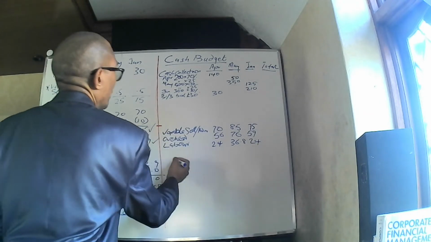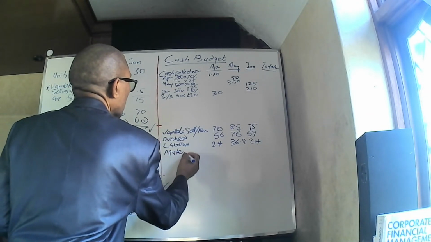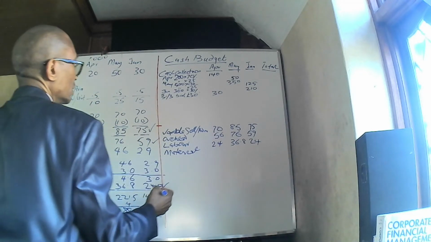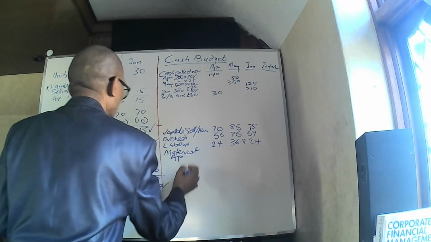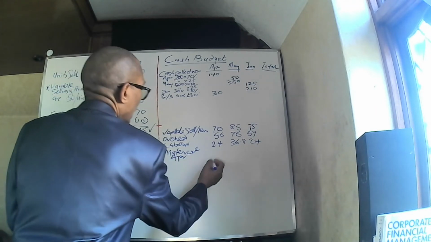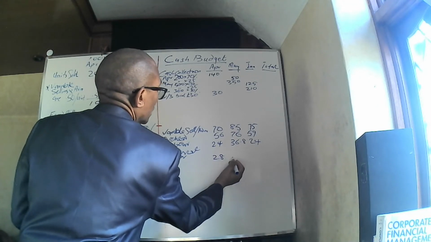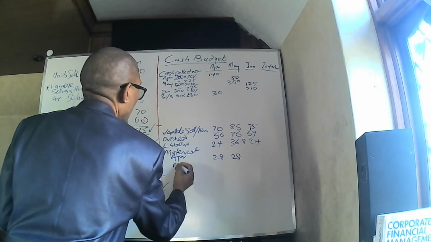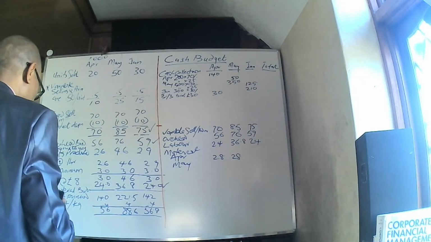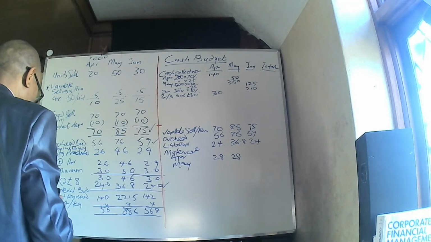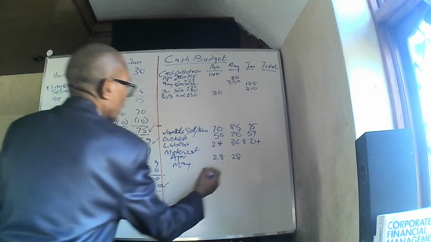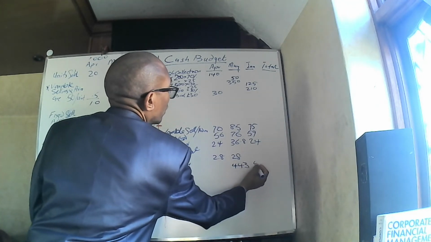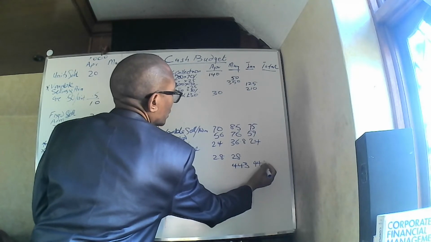So for material payment, for April we pay 28 now and then 28 next month. For May, which is 88.6 divided by 2, we pay 44.3 in May, and 44.3 in June.